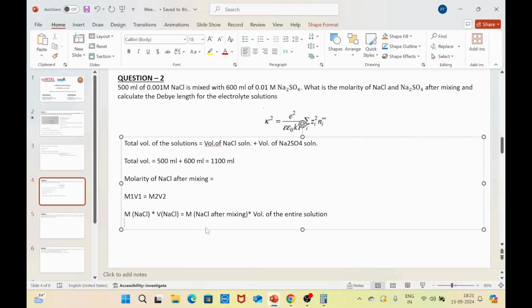Okay, so your molarity of NaCl before is 0.001 times the volume of NaCl, which is 500, and the molarity of NaCl after mixing we need to calculate.